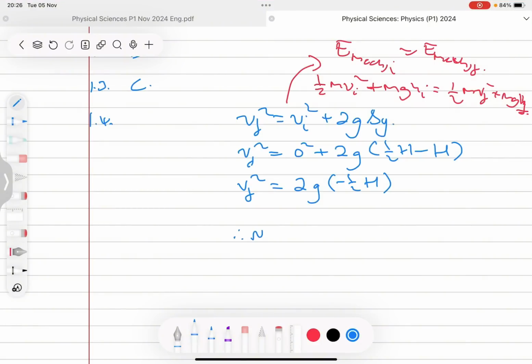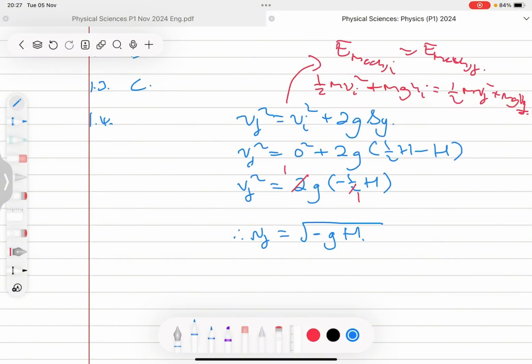And I will then take the square root on both sides. The 2 and the 2 will cancel each other, and I'm only going to be left with a minus gh, right?